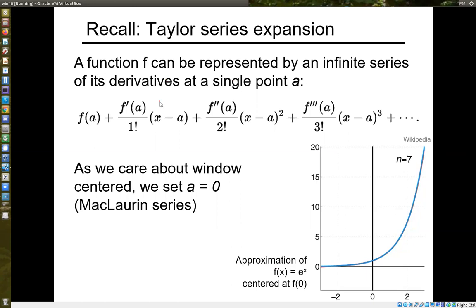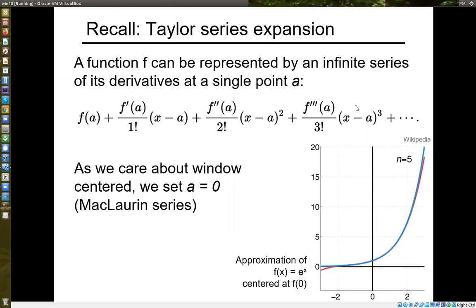For zero order, you just need to know the value at that point. For first order, you need the derivative at that point, for second order the change of the derivative, and so on. In this case, we really just care about the first order.